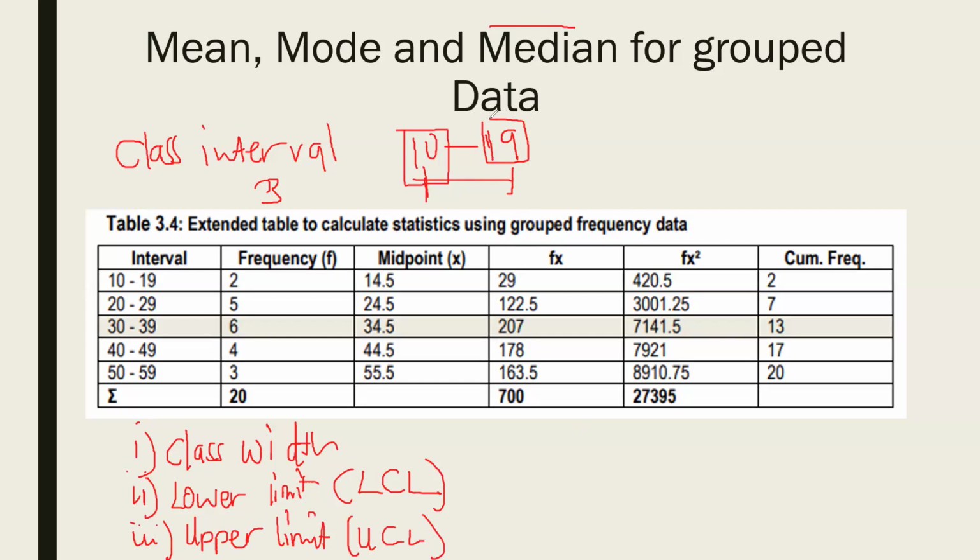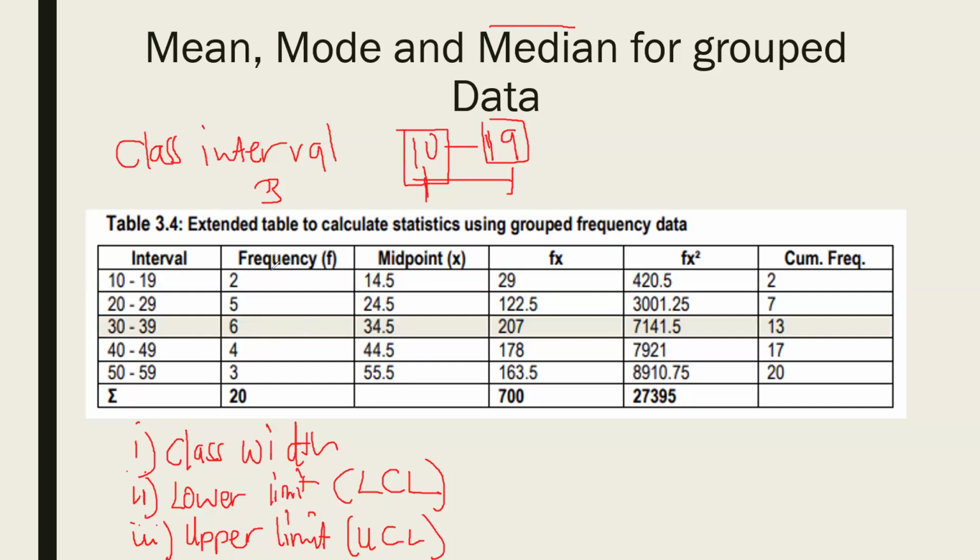So the class width is the distance between the lower limit and the upper limit. That's the width of the class. So how do you calculate the class width? Normal sense would be to say 19 minus 10 and get the class width. That's actually wrong. You don't do that.